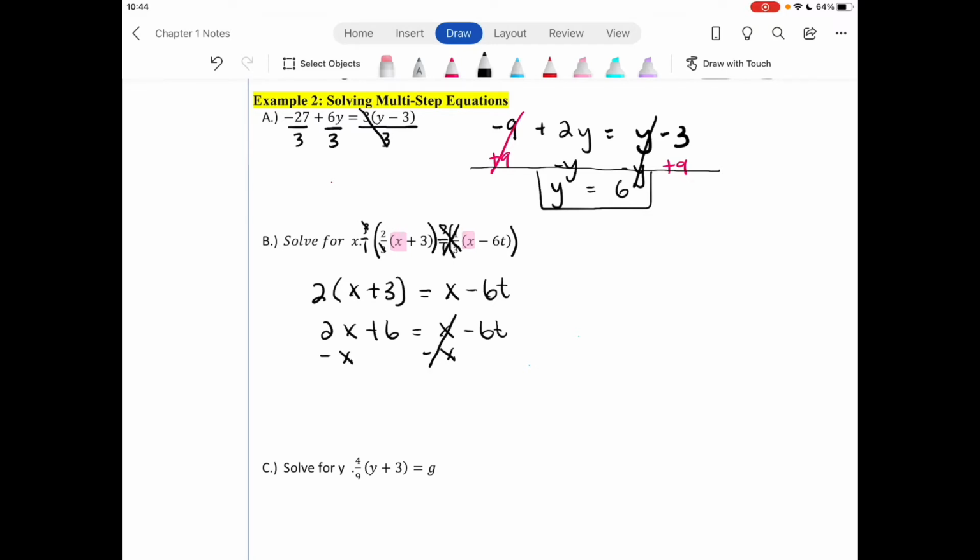So it cancels out. Then we're going to subtract 6 to both sides. Now 6 is a constant, whereas this negative 6t is a term, and they're not like terms. So we're going to put this negative 6 over by itself so we know that it stays by itself. And that 6 will cancel out on the left. So now we have x is equal to negative 6t minus 6.